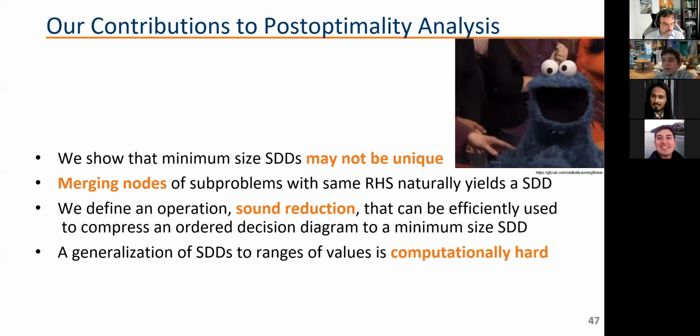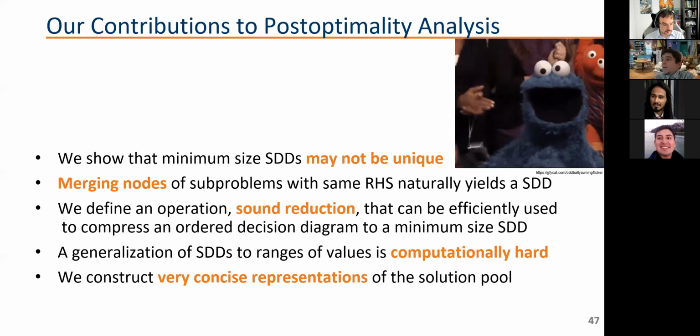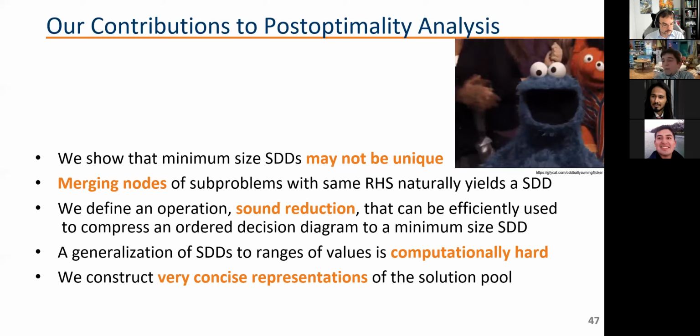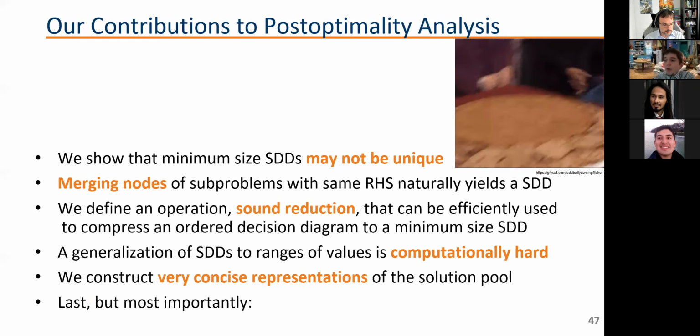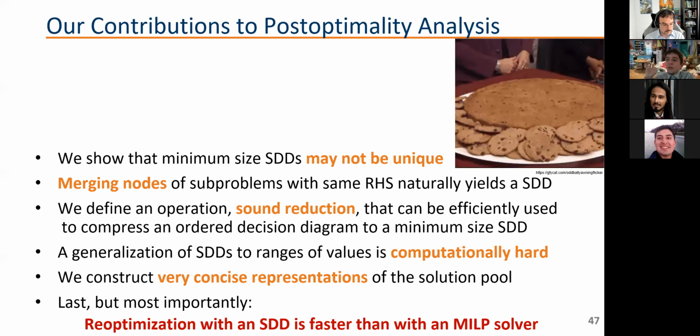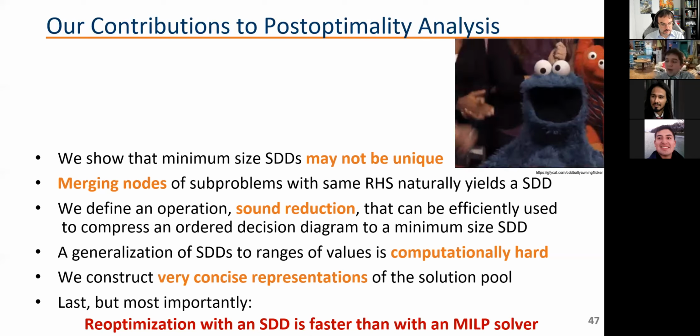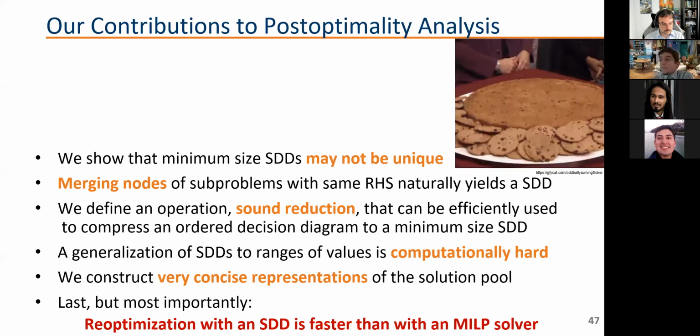And we also observed that the generalization of sound decision diagrams for a range of values is going to be computationally hard. And well, we were able to construct very concise representations of the solution pool. And most importantly, with this concise representation, re-optimizing over the sound decision diagram is a lot faster than calling a mathematical optimization solver from scratch again.